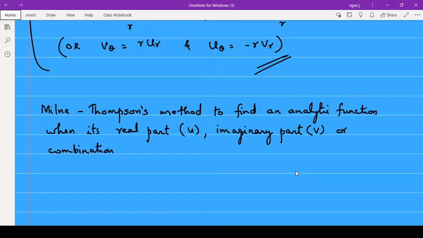Combination of real and imaginary part, such as u plus v or u minus v is given.